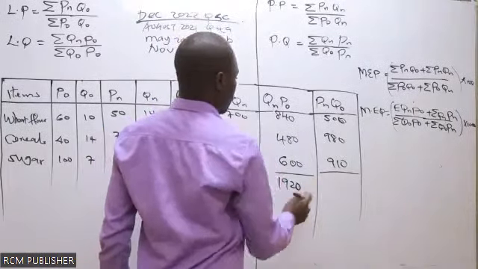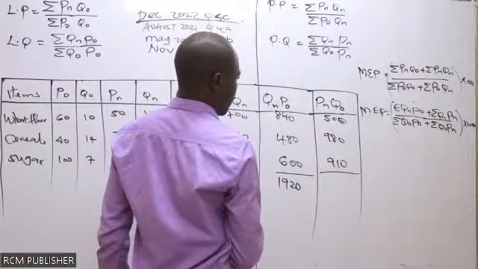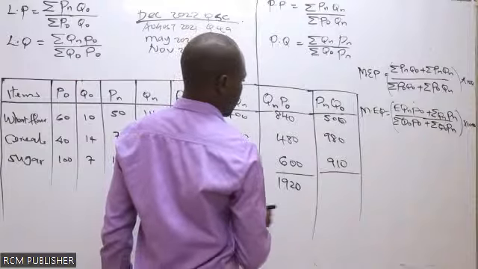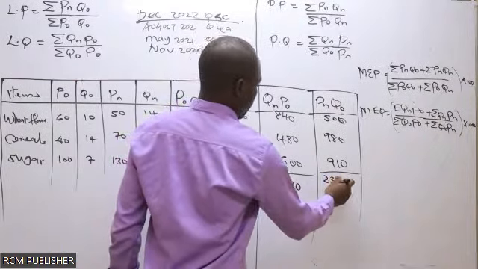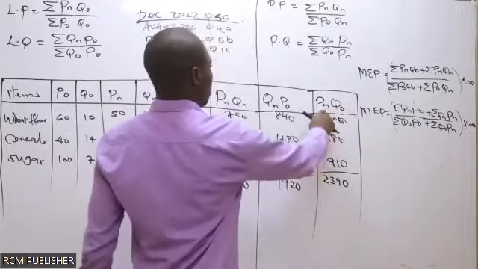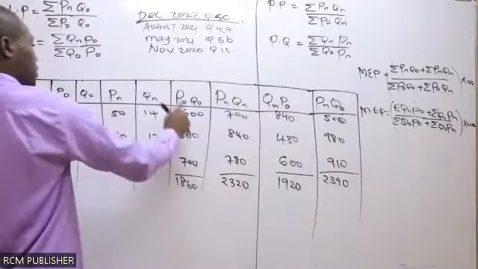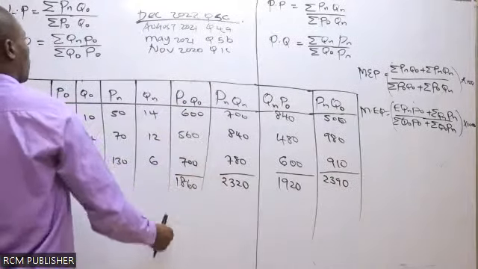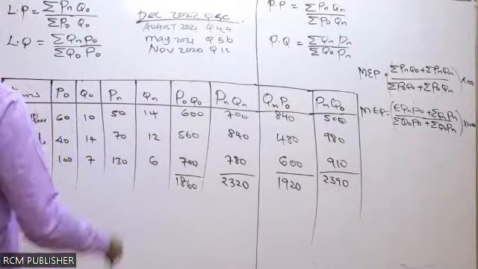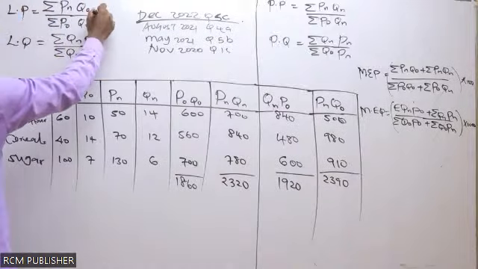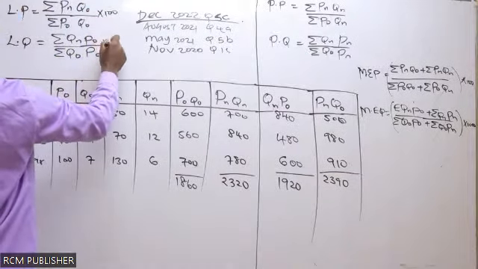And then the last one, 2390. So that is the summation of PNQO, QNPO, PNQN, POQO. So now simply come to your formula. Of course, we express it as a percentage, all of them.